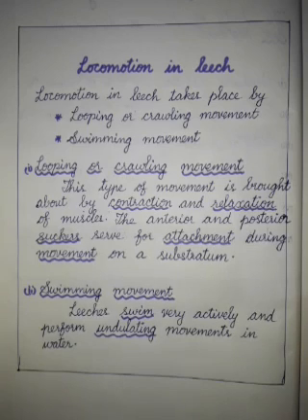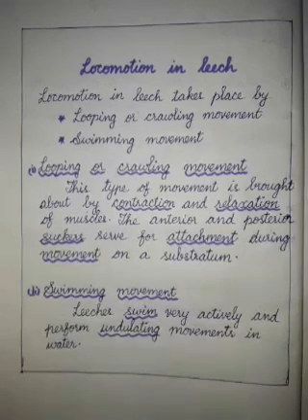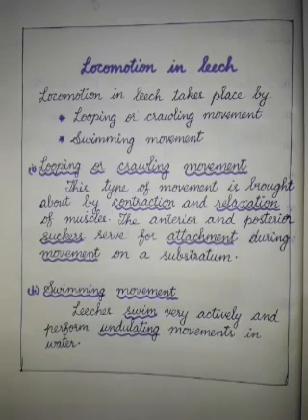Next is the swimming movement, which is undergone when they are in water. They swim very actively and they perform the undulating movements in water. Locomotion in leech is one important 4-mark question, so you have to learn this.